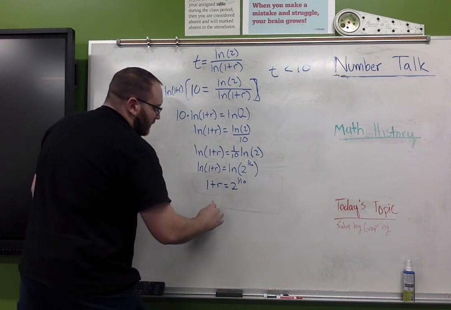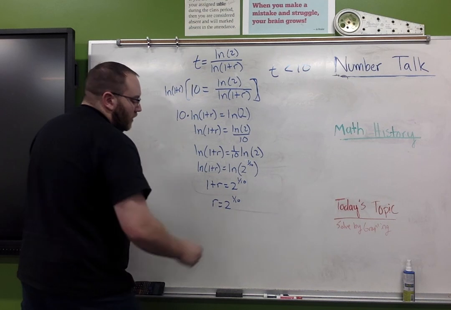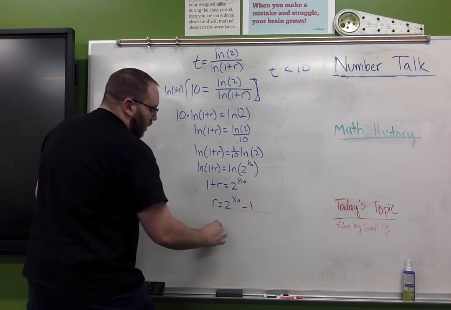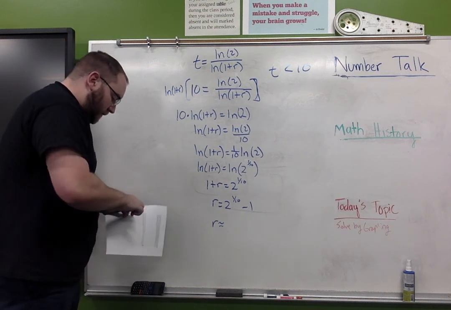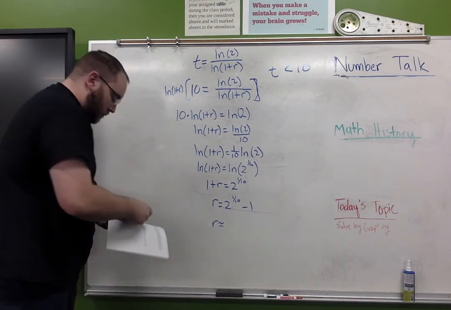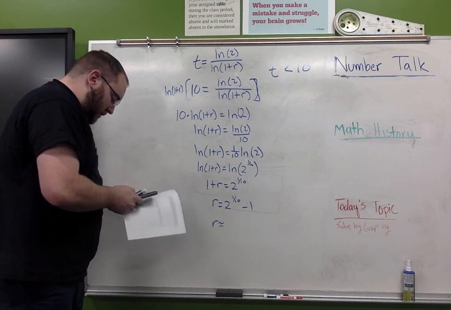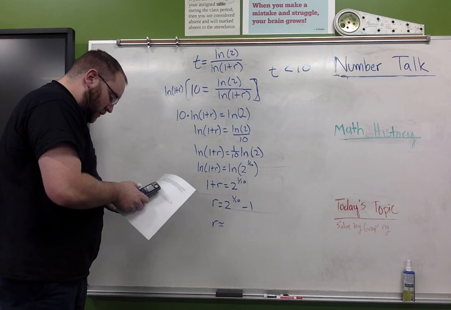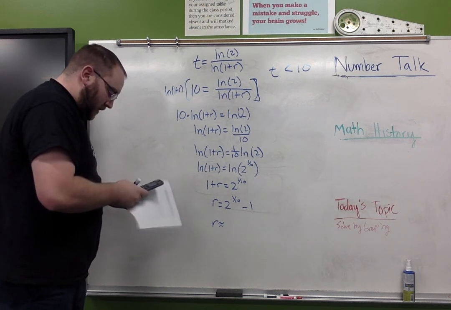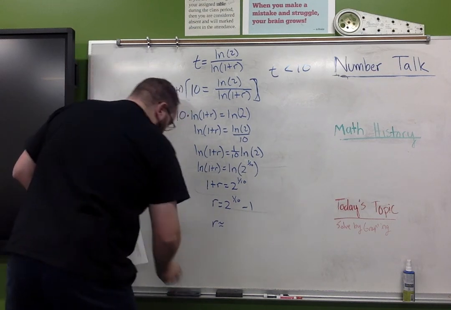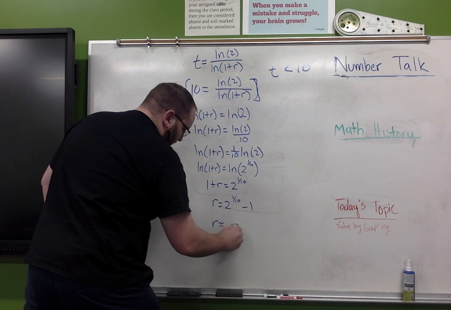Subtract 1 from both sides. r is equal to 2 to the 1/10 power minus 1. So r is approximately, let me put that in my calculator real quick. 2 to the 1/10 power minus 1 is approximately 0.07.